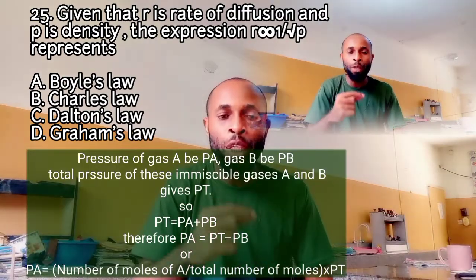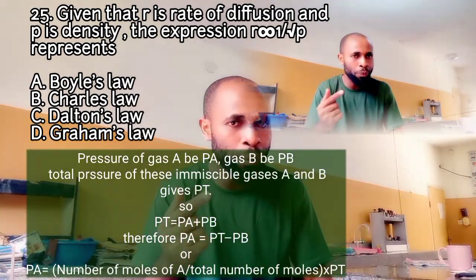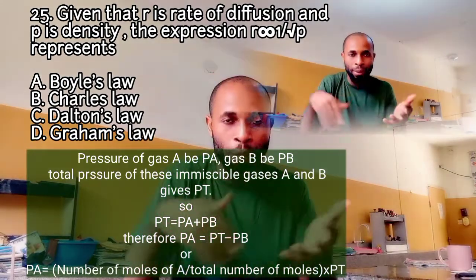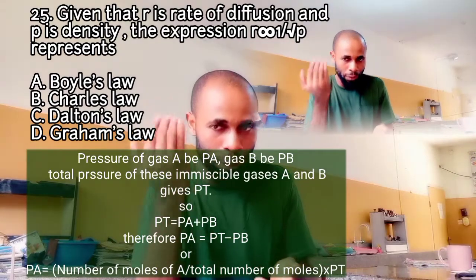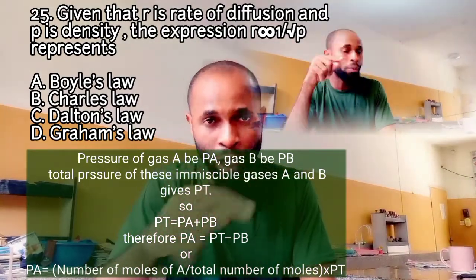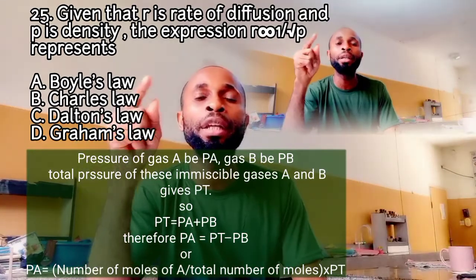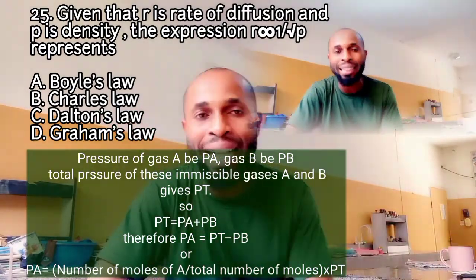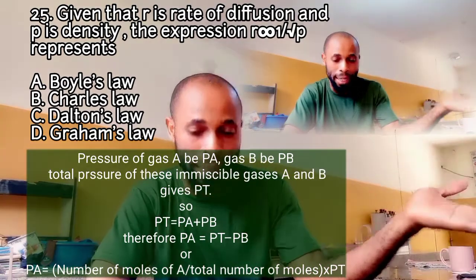Look at what I mean here. If you have gas A and gas B, each of them has their own pressure. Now, the total pressure of that vessel is a combination of gas A pressure and gas B pressure. Therefore, if I want to find the gas A pressure, I need to subtract the known pressure from the total pressure to get the pressure I am looking for, like gas A.